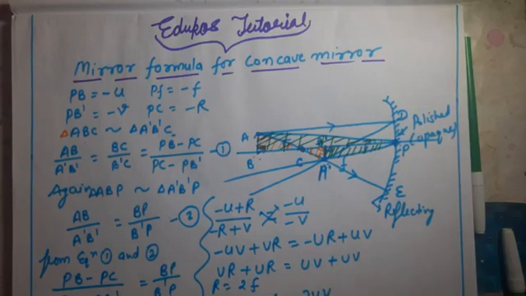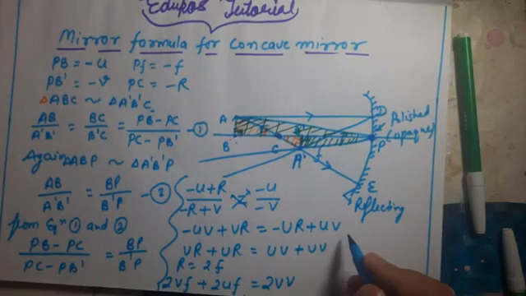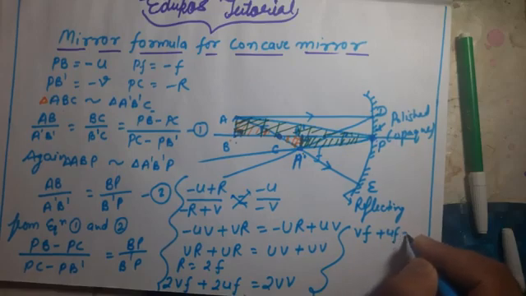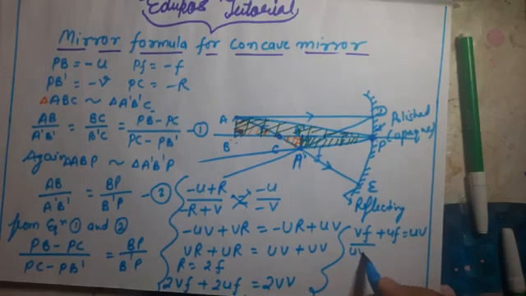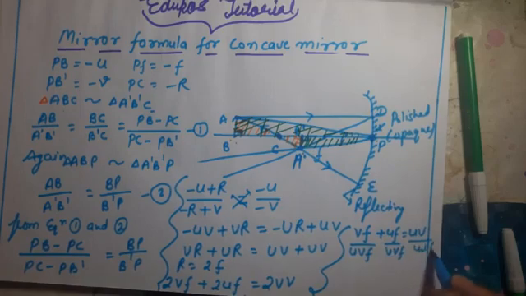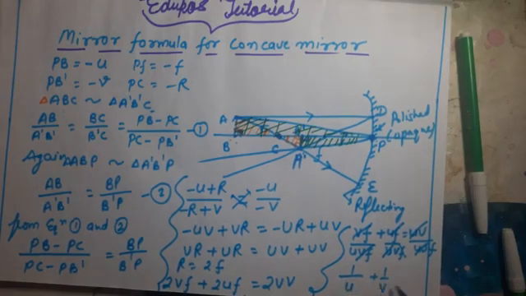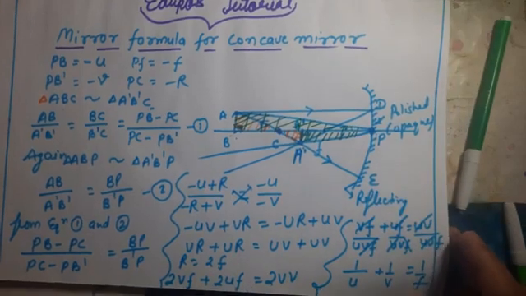Taking 2 common from both sides, the 2 will cancel out, so we can write VF plus UF is equal to UV. Dividing this equation by UVF on both sides, VF will cancel out by VF, UF will cancel out by UF, and UV will cancel out by UV, so it will give us 1 by u plus 1 by v is equal to 1 by f.